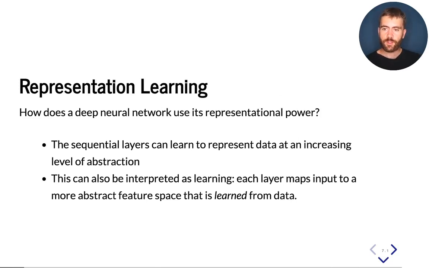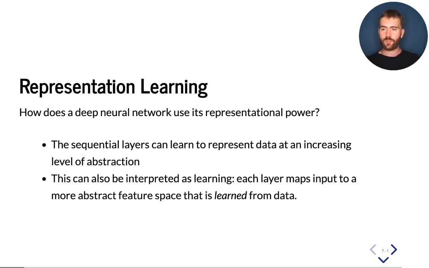The reason why deep neural networks are effective and can learn complex mappings more compactly is that they're able to build useful representations of the data. When we feed an input through many layers of a neural network, we find that each layer tends to learn features or representations of the data that are increasingly abstract and that build upon the representations from previous layers.